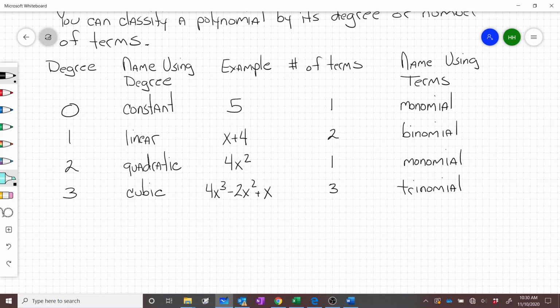A degree of 4. Quartic. An example of that could be 2x to the fourth minus 3x to the third plus 2. This function has 3 terms and is also called a trinomial.